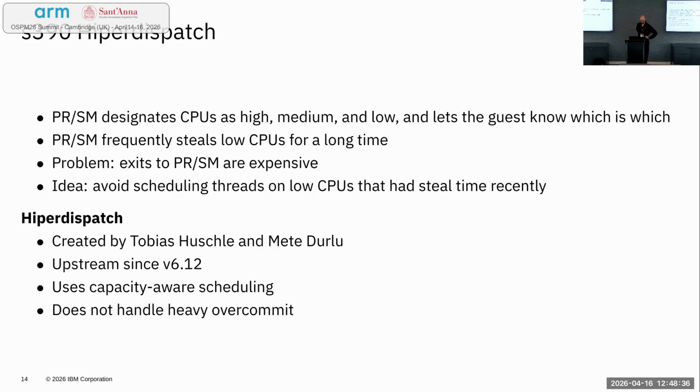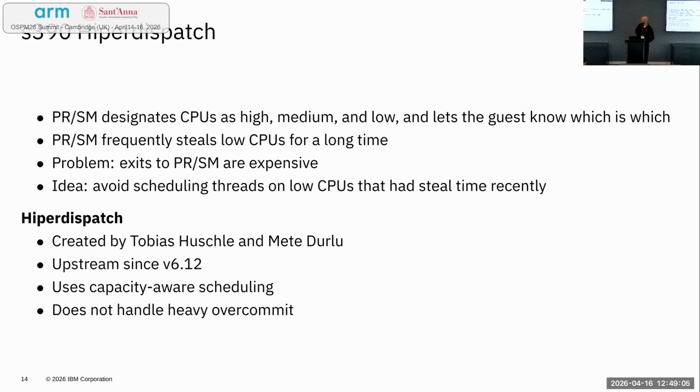And already today we have 2 features in upstream. One is called HyperDispatch. It was created by my colleagues a few years back. Basically, what happens is that PR/SM has a feature where it gives priorities to CPUs. So the CPU can be high, medium, or low. And if a CPU is low, then the hypervisor is likely to steal it quite frequently and quite aggressively, meaning for prolonged periods of time.